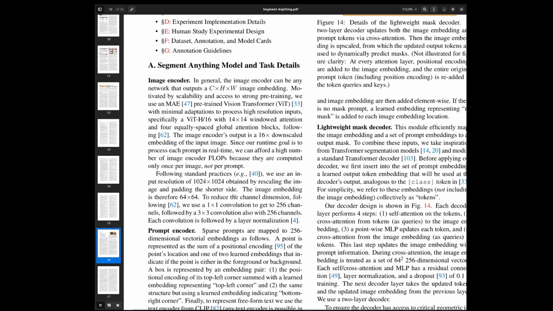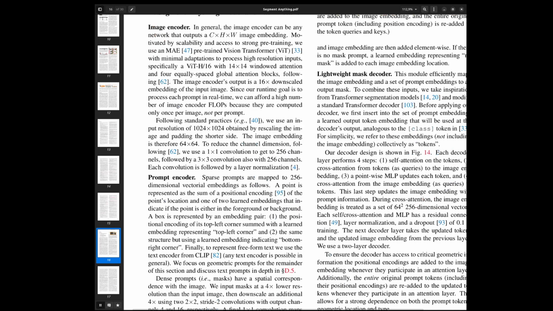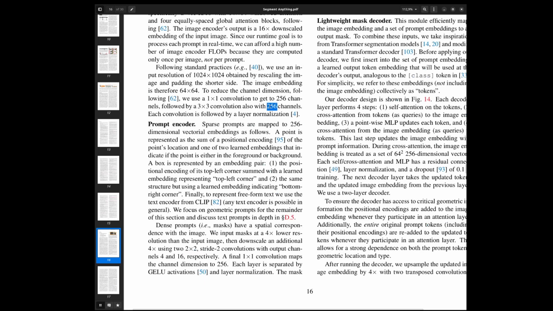So basically, you get your features, which if this is a ViT would be 768 as the channel, or embedding dimension, and then you go down to 256. In the original paper it was used as an input to a feature pyramid network. Here I'm not sure why they go down to 256.